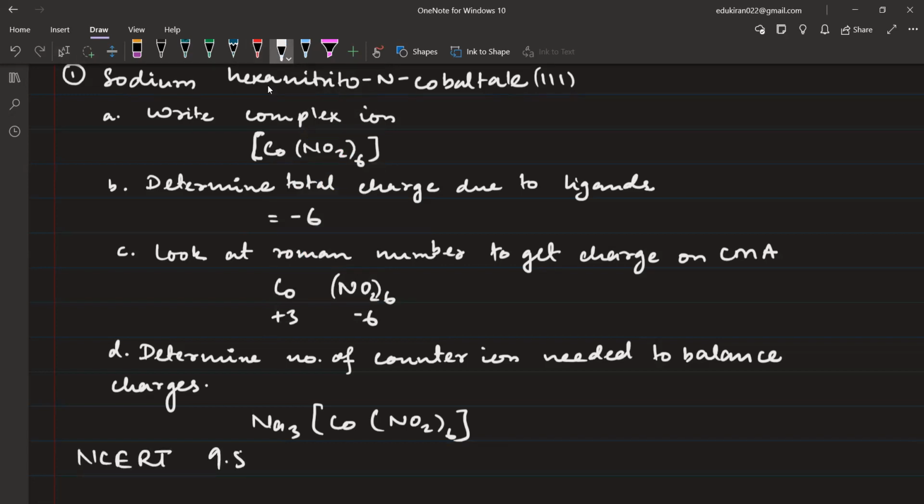NCERT 9.5, 9.6, 9.7. Tomorrow we will do some more examples. After that, isomers. Isomer is there, right?